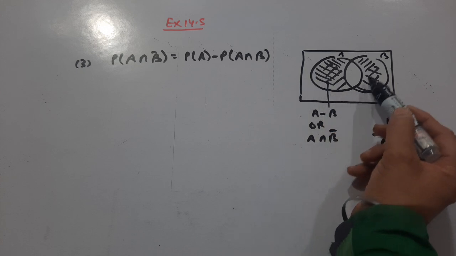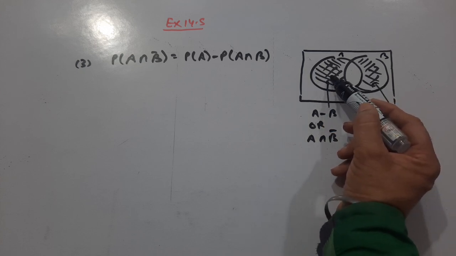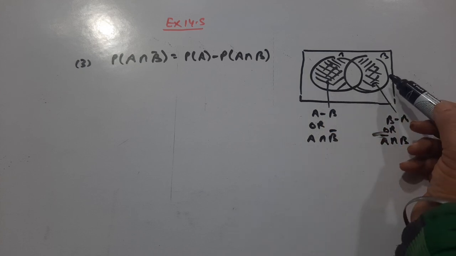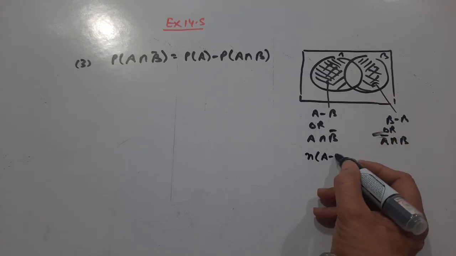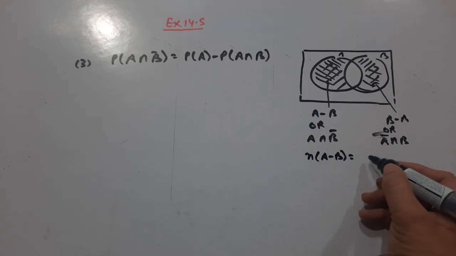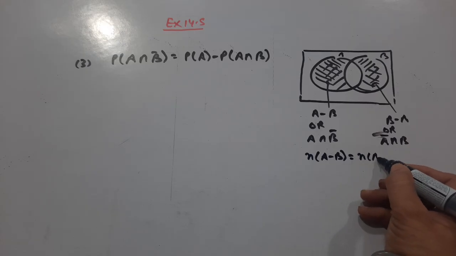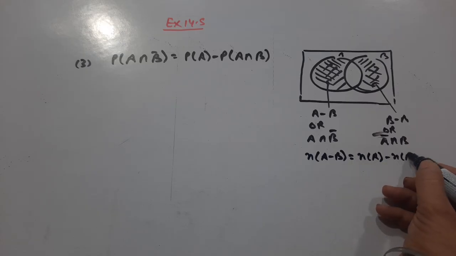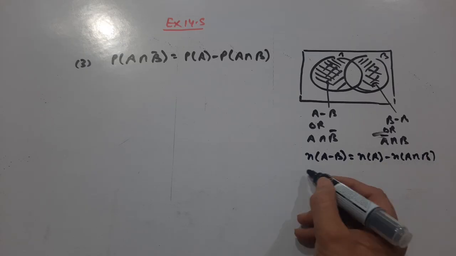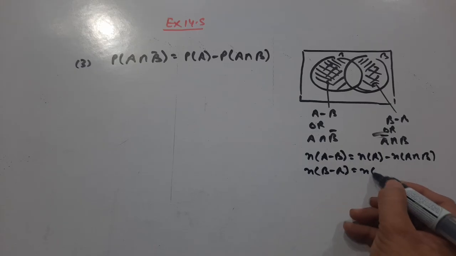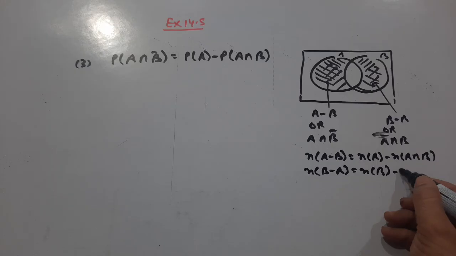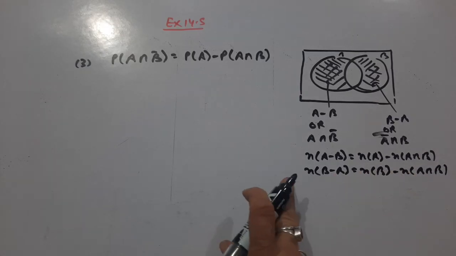N of A minus N of A intersection B. And if we have to find B minus A, I write over here, we did in sets N of A minus B is equal to N of A minus N of A intersection B, and N of B minus A is equal to N of B minus N of A intersection B. So same over here.